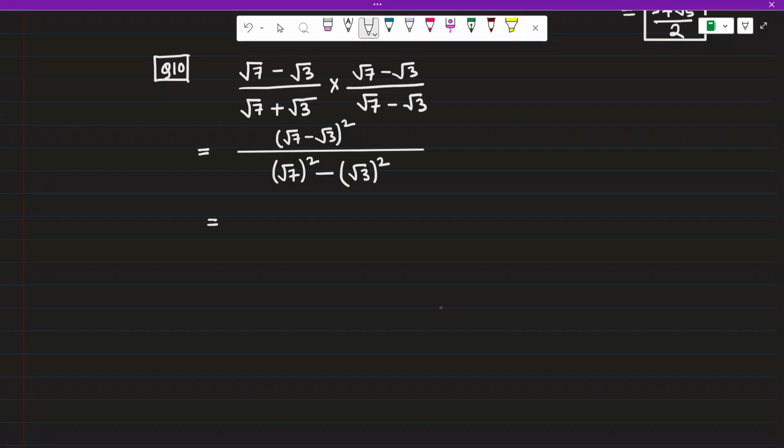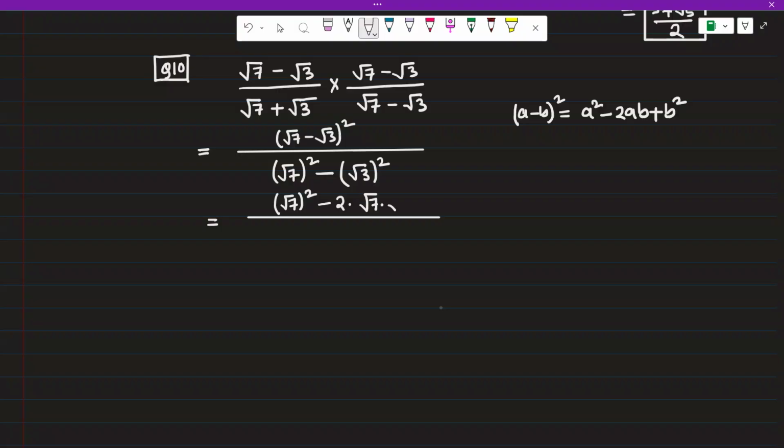Now if you remember, we use the algebraic identity (a − b)² = a² − 2ab + b². So in the numerator we can write (√7)² − 2 times √7 times √3 + (√3)². (√7)² is 7, (√3)² is 3.